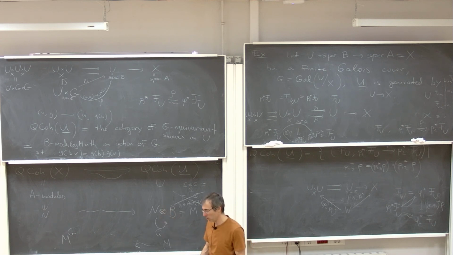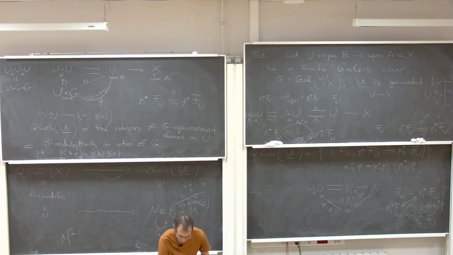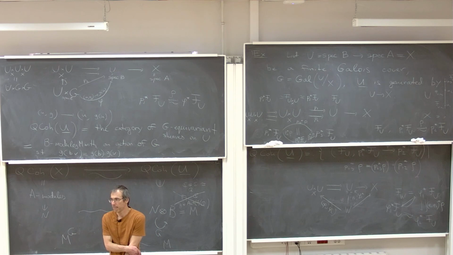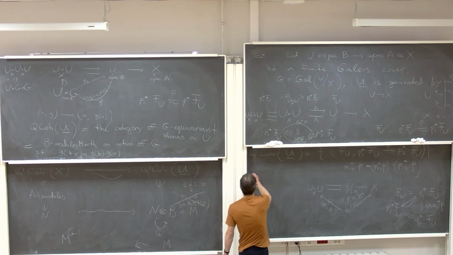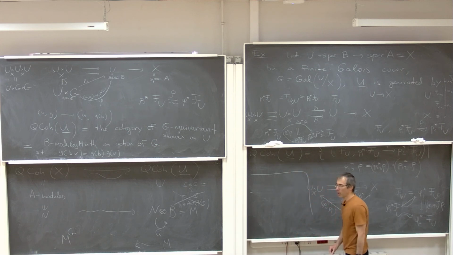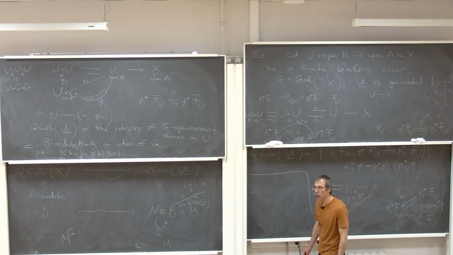So another question. Very good question. Suppose you are in the following situation. You have a functor from schemes over Q to sets, and you know that if you restrict this functor to schemes over C, it is representable by an affine scheme.